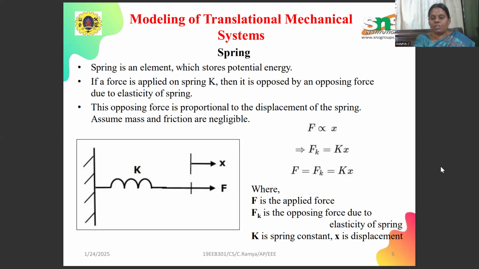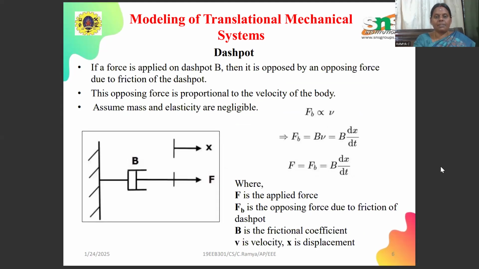Here, F is proportional to x. By removing the proportionality, we introduce a constant called K, the spring constant. So finally, our applied force F equals the opposing force Fk, which equals K into x. K is the spring constant and x is the displacement.